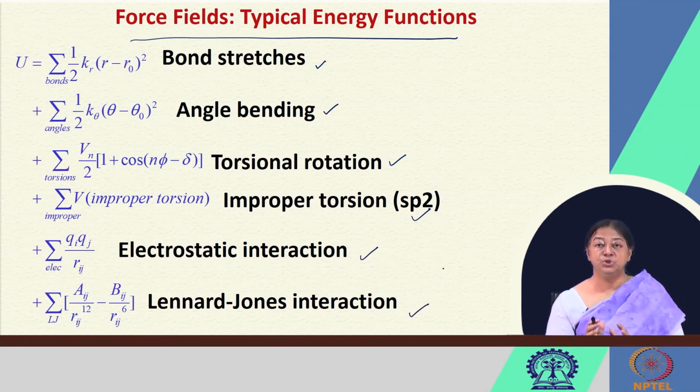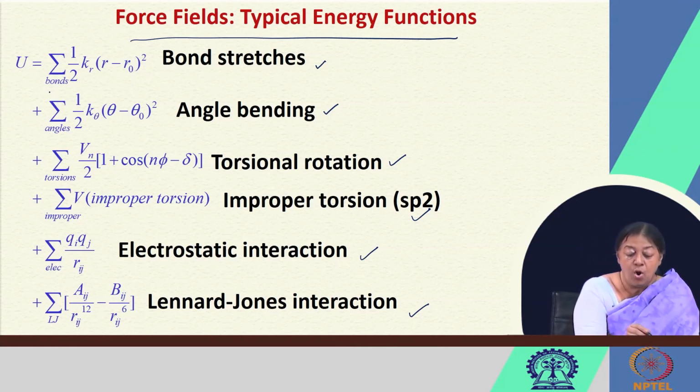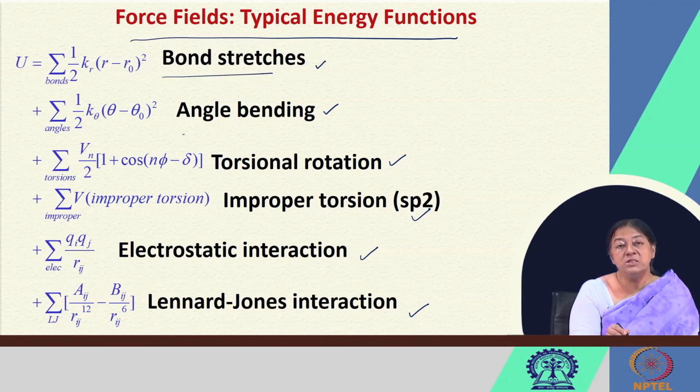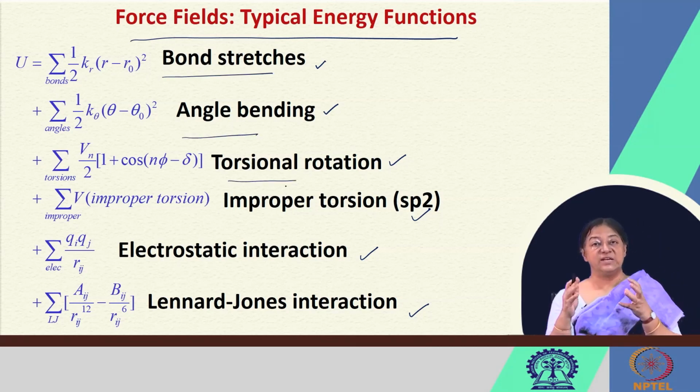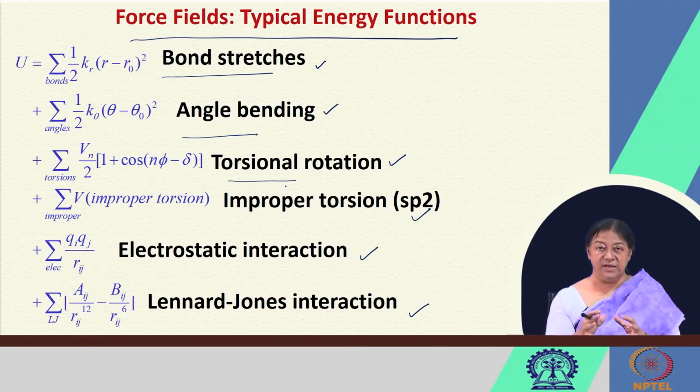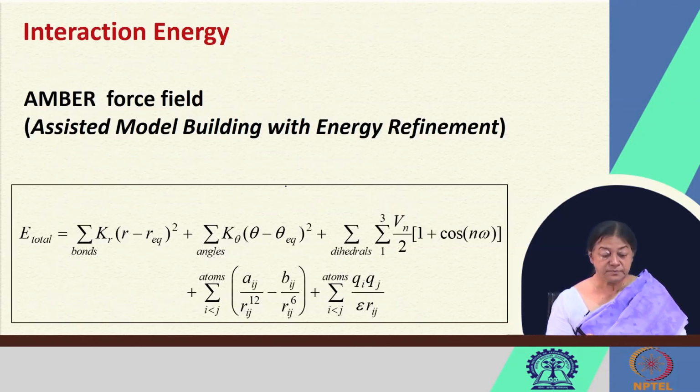All of this put together is going to give us the overall energy of our molecule. But you realize that when we are looking at all the possible bonds, all the possible angles, all the possible torsions and electrostatic interactions, this makes the calculation of the energy extremely computationally intensive.